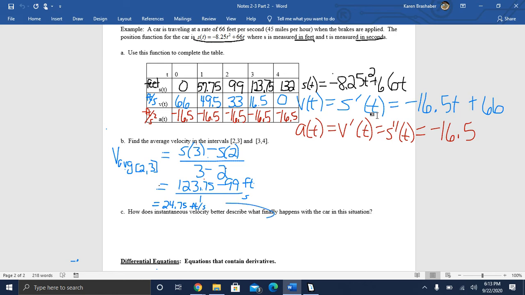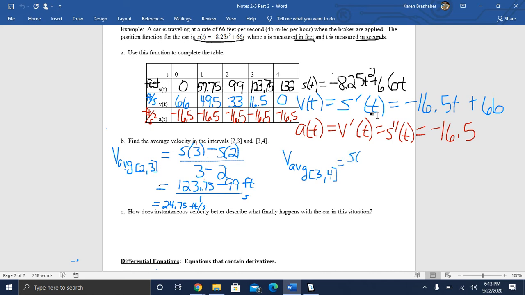And then we'll look at the second average velocity from time 3 to time 4. So average velocity from 3 to 4. We would do the same work.